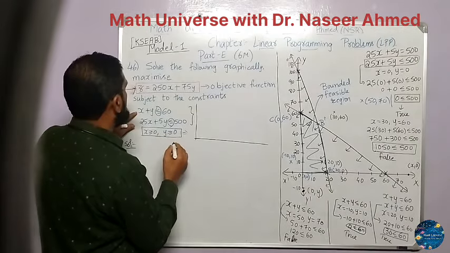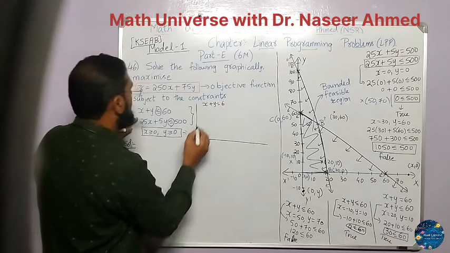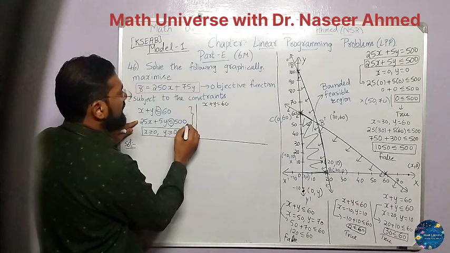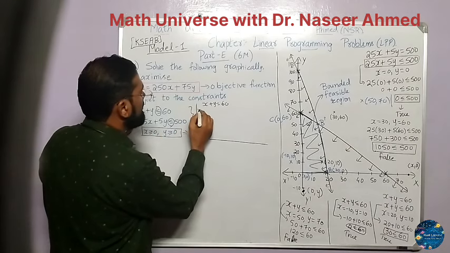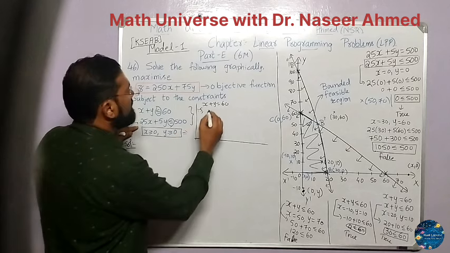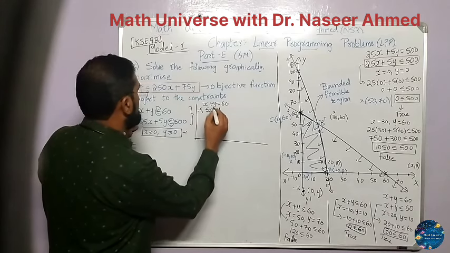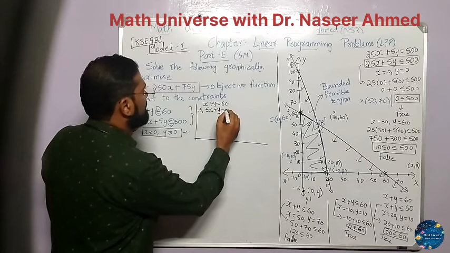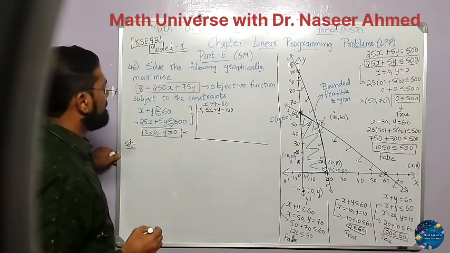Okay, so here I'll just take the equation x plus y is equal to 60, and here if I divide the second equation by 5, then I will get 5x, 5 fives are 25, then plus y is equal to 500, hundreds are 500.